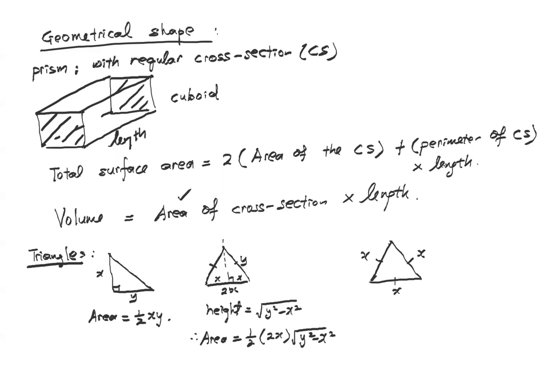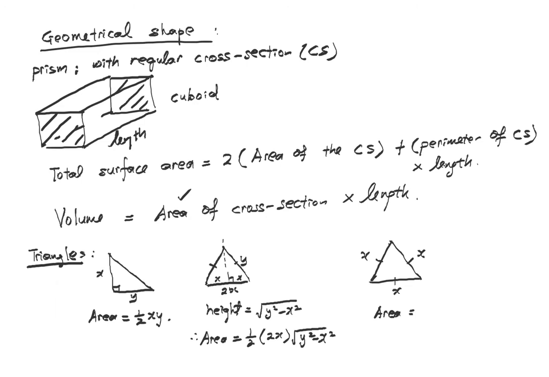All equilateral triangles are isosceles triangles, but not all isosceles are equilateral. Or I can memorize another formula. The area will be, anyone who can give me the answer?